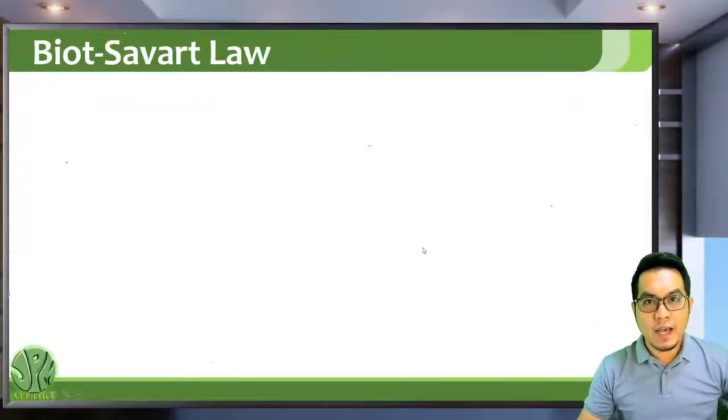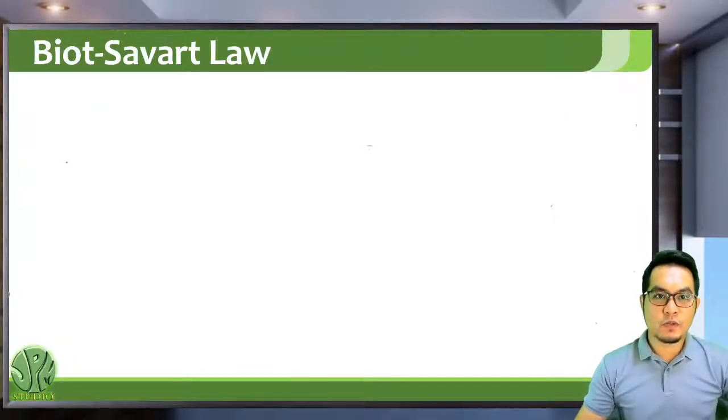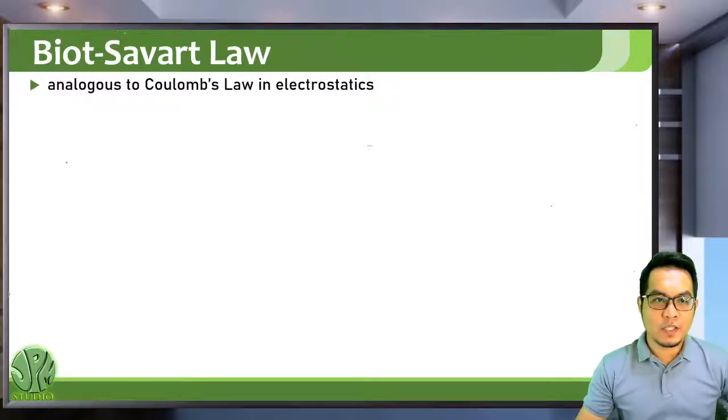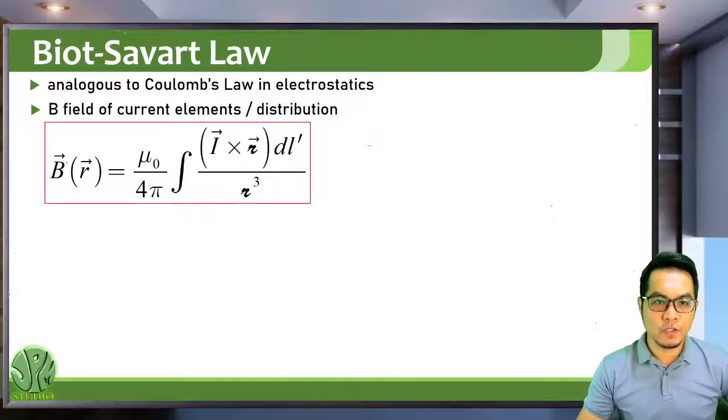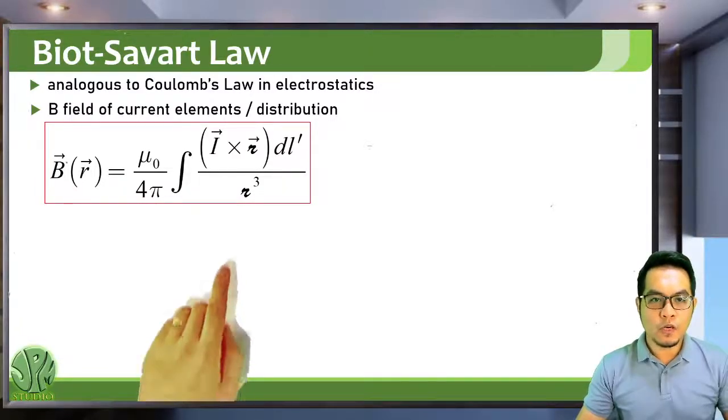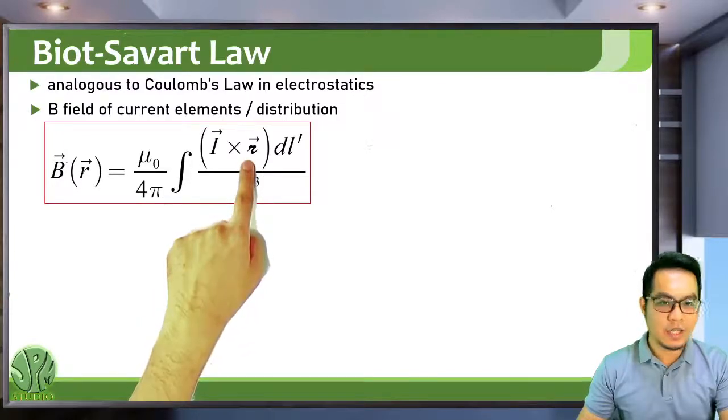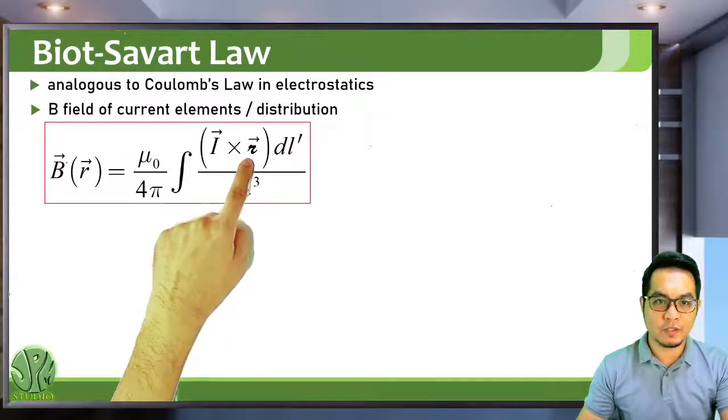You actually have been exposed to this, or this has been introduced to you in your basic electromagnetism. This is analogous to Coulomb's law in electrostatics, and this is the main equation in solving the magnetic field of current elements or a current distribution. It's an integral equation, mu naught over 4 pi, I cross r dl over r cubed, where this r here is the separation distance vector.